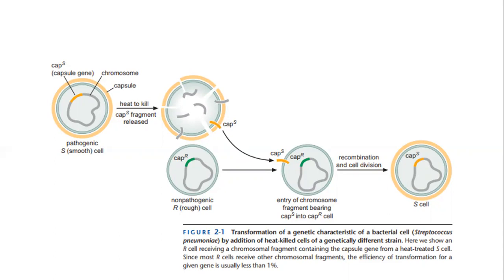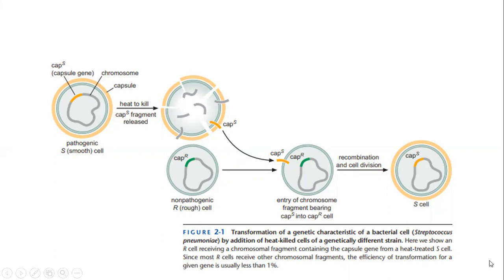On heat killing of the pathogenic strain, the genetic components remain undamaged and pass through the cell wall of the non-virulent strain, and after genetic recombination, the non-virulent strain becomes virulent. The process is called transformation.